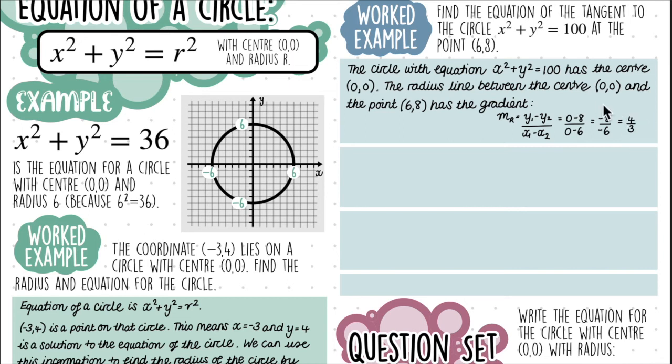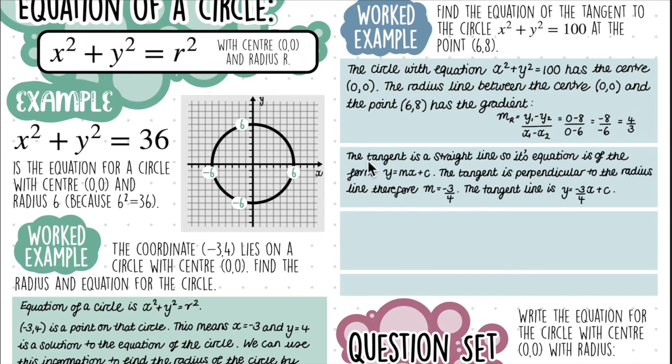Now, as I said, the tangent line is a straight line, i.e. it has the equation y is equal to mx plus c. And we know that the tangent line is perpendicular to the radius line, which means because we know the gradient of the radius line, we actually now know the gradient of the tangent line. So here we go. The tangent is a straight line, so its equation is of the form y is equal to mx plus c.